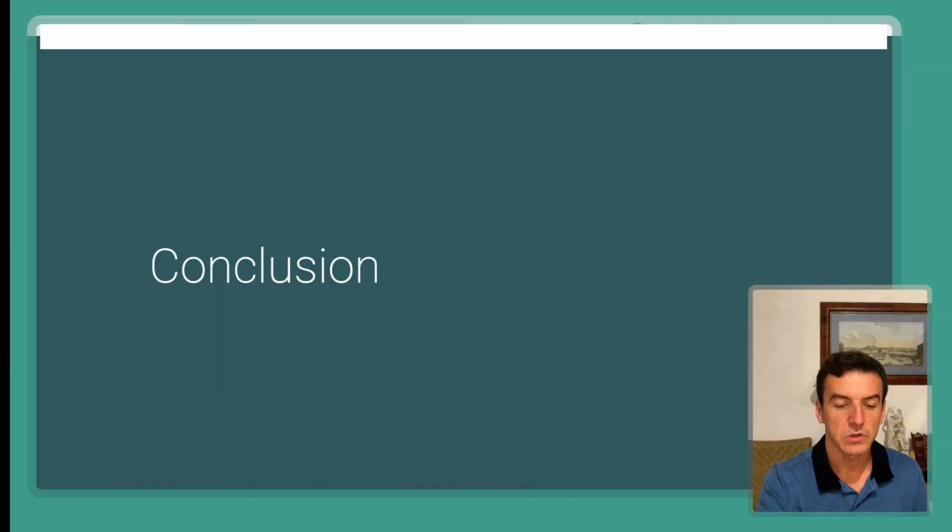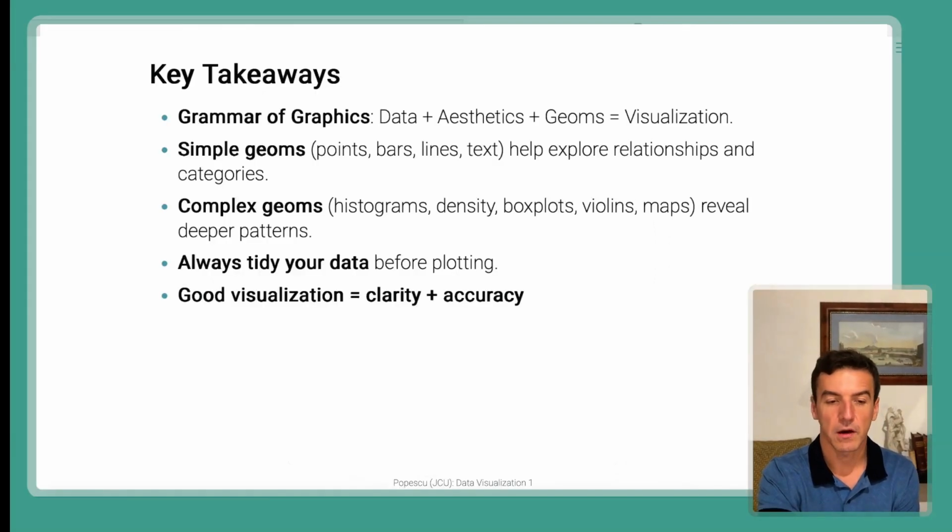Okay, so just to quickly conclude what we covered. We looked at the grammar of graphics in ggplot. We looked at data, aesthetics, and geoms. Together, they produce visualizations. We made the distinction between simple and complex geoms. Simple geoms include points, bars, lines, and text.